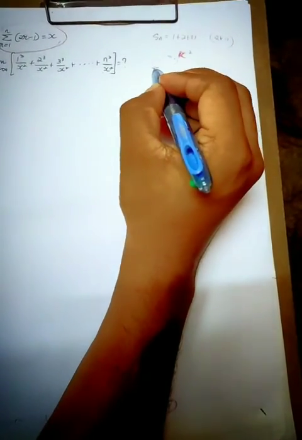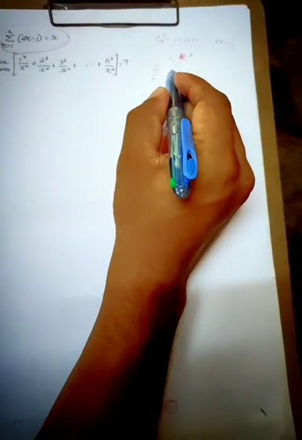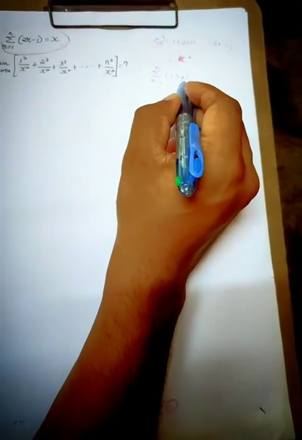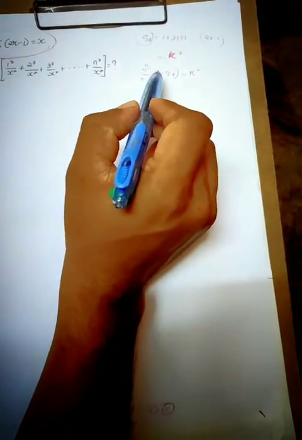Now the summation from 1 to n, instead of k, it is just r. So this is nothing but Sn itself. This summation and this Sn mean the same. Sorry, it is not r square, because it is ending at n.